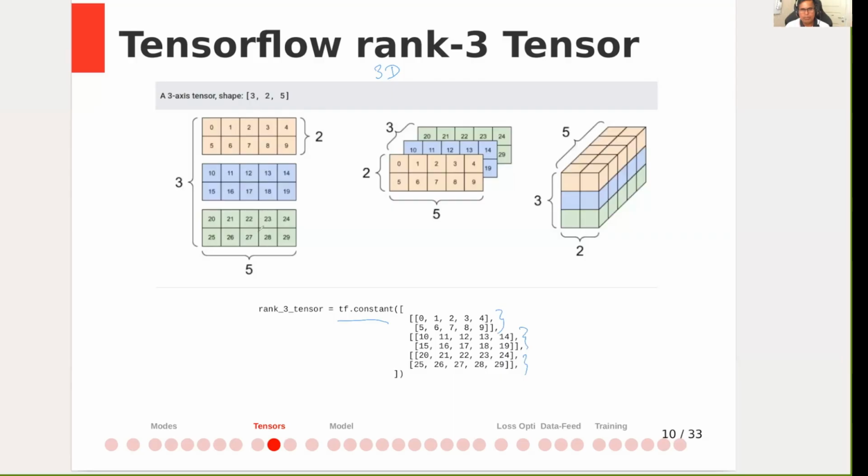The first dimension is the number of parts, which is 3, dimension 0, and the second dimension is the number of rows. This is dimension 1, and the third dimension is dimension 2, the number of columns.